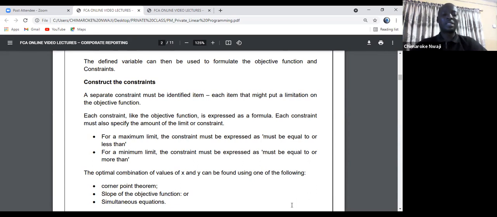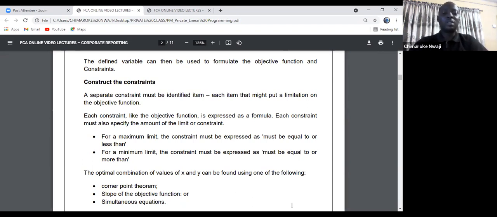So that means maximization. If something must be equal to or must not exceed, see that language, must not exceed, it means you are talking about hitting a particular ceiling or particular cap. That's the maximum limit. So when you say things like that, you are saying a constraint, the maximum limit of the constraint.